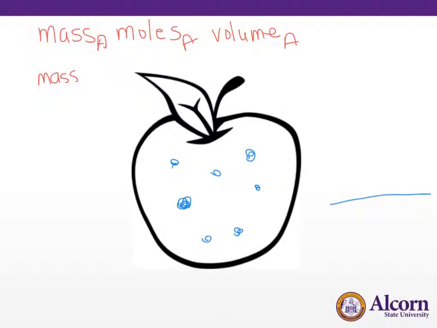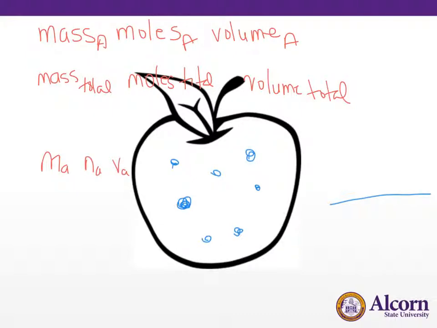And so when we're talking about the mass of the sample, we're generally talking about the total, the whole, the mass of the total sample, the moles of the total sample, or the volume of the total sample. Okay, so basically, mass of A, moles of A, or volume of A, and mass of total, moles of total, or volume of total.